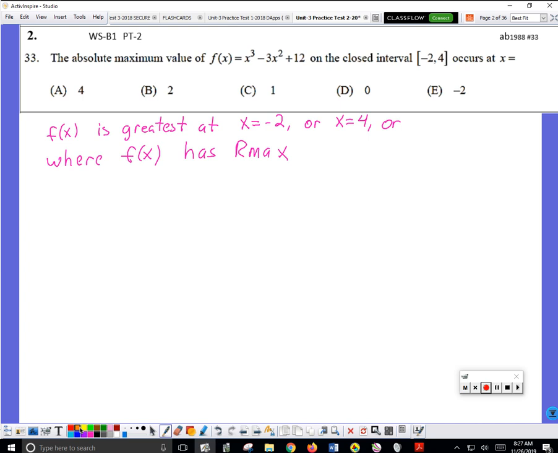They were heading towards one of the answers that is wrong because they failed to make a Danica's chart to match up with their sign chart. So 2 for Parker. If you know what Danica's chart I need, because Parker's on the right track, he's like, hey, if we're supposed to find where f is greatest, that might be where f has a relative max. So I need a Danica's chart to understand how to figure out where f has a relative max.